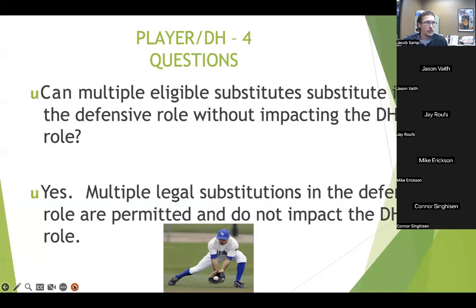So Smith can pitch, go 3 innings, get pulled. He's still eligible to bat in the other innings. And then, whoever Smith's replacement is at pitcher, they pitch their inning or two and then they're replaced. And after that substitution, Smith is still the designated hitter.